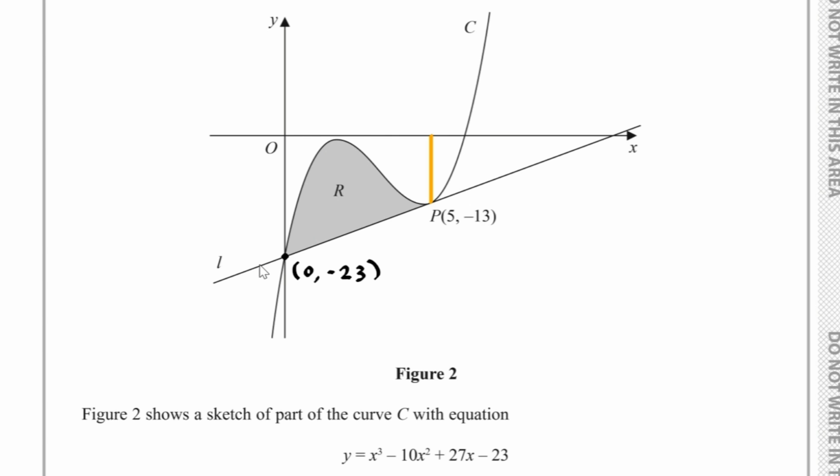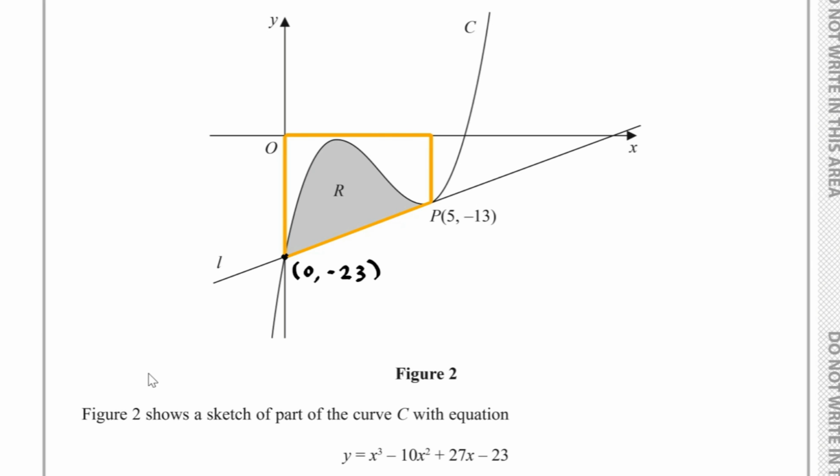So what we can do is find out the area of the trapezium, and then we can find out the unshaded region, and subtracting that will allow us to find out the area of R.